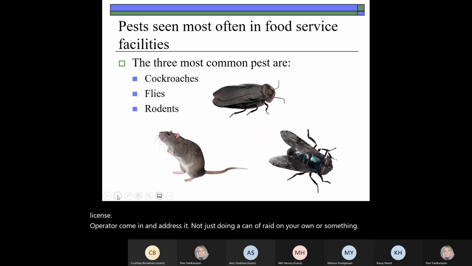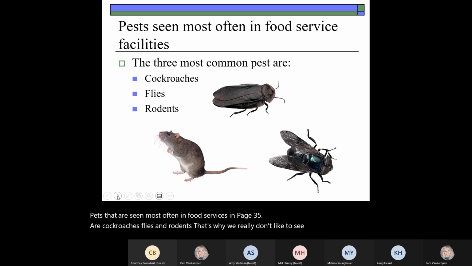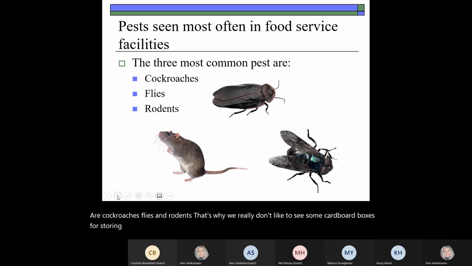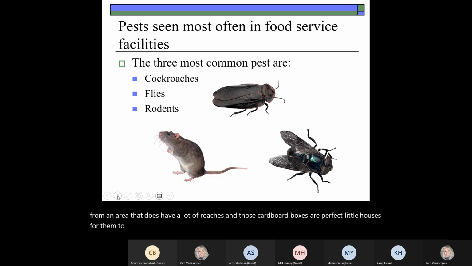Pests that are seen most often in food service, this is on page 35, are cockroaches, flies, and rodents. That's why we really don't like to see cardboard boxes for storing things. Even if you don't have a lot of roaches up here, your supplies may have come from an area that does have a lot of roaches, and those cardboard boxes are perfect little houses for them to live in and be transported in.